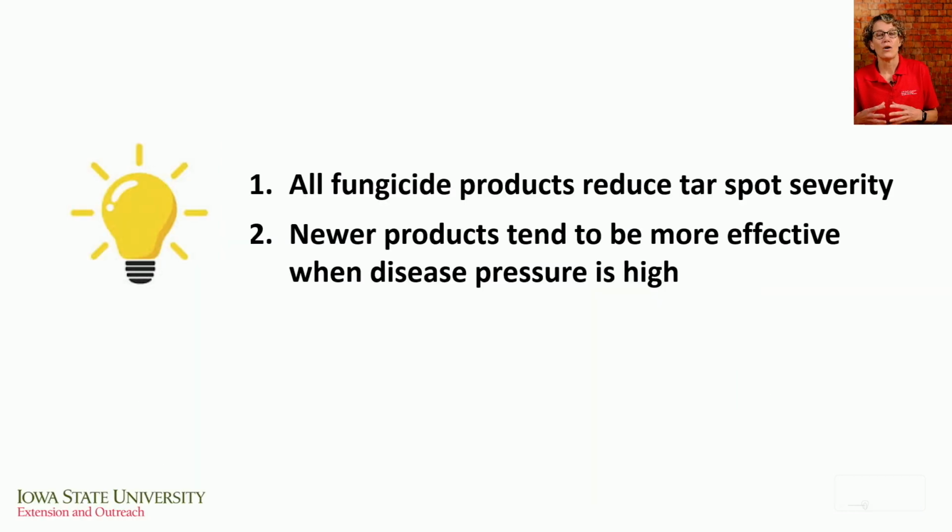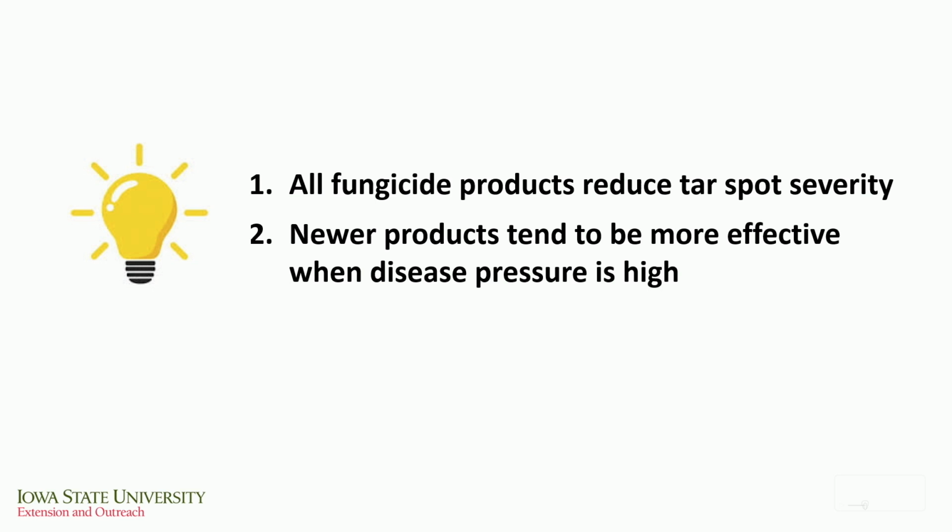So we know that all fungicide products will reduce tar spot severity, and the 2020 data suggested that the newer products that are available on the market may be more effective, particularly when disease pressure is high.